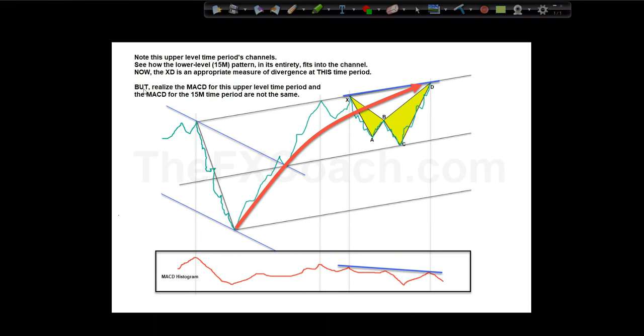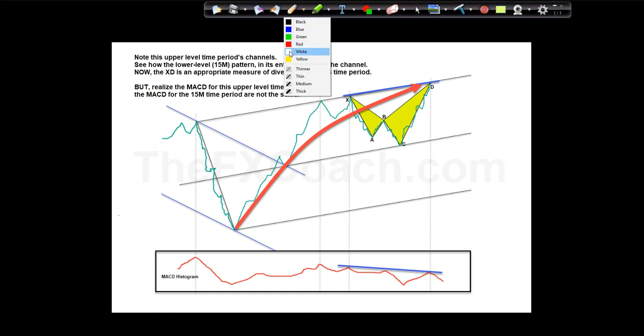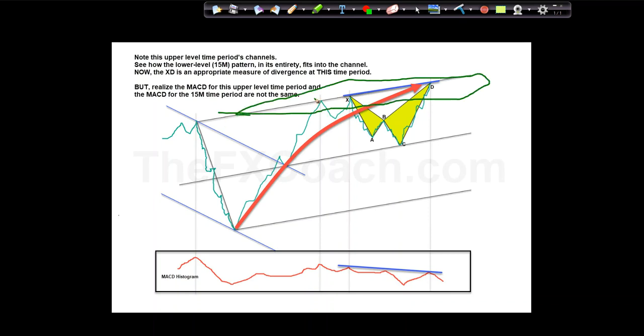But realize the MACD for this upper level period and the MACD for the 15 period are not the same. So if I have a bigger level wave like this, this is where I want to use the XD for divergence because it's in the same channel. I want to know which of the highs in that upper channel might be ready for reversal, and we use MACD divergence to measure that.